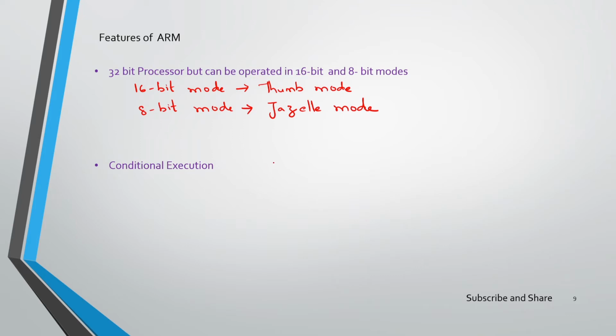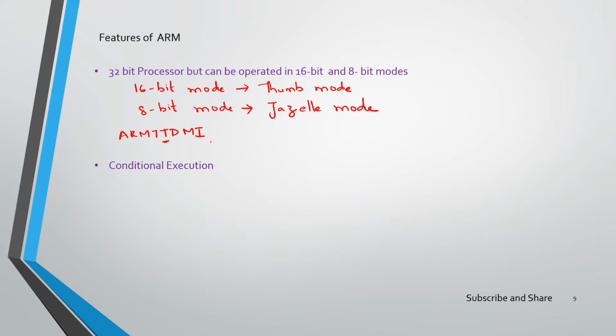For example, if you take ARM7TDMI, the ARM7 core, the T stands for Thumb, mentioning that the ARM7 core supports Thumb mode. The Thumb instruction set is nothing but a 16-bit compressed form of the original 32-bit ARM instruction set.